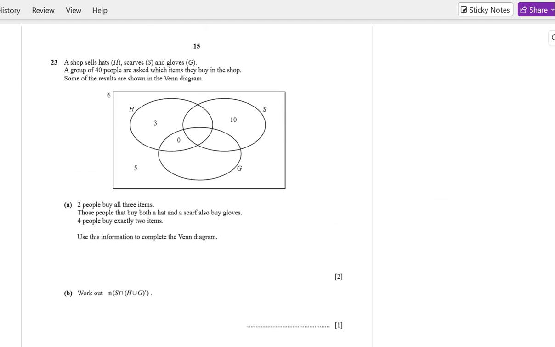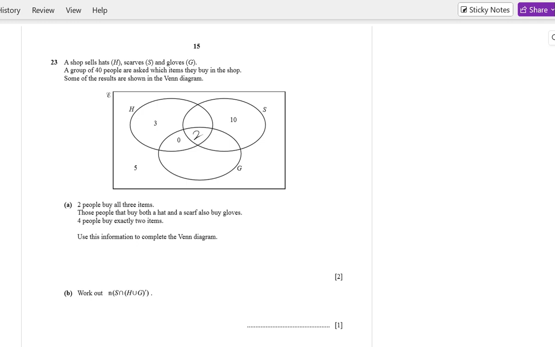Alright. Two people buy all three items. So definitely at the center it would be 2. Those people that buy both hat and a scarf also buy gloves.